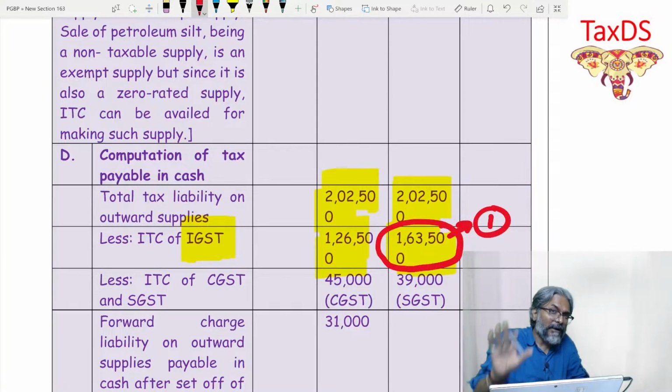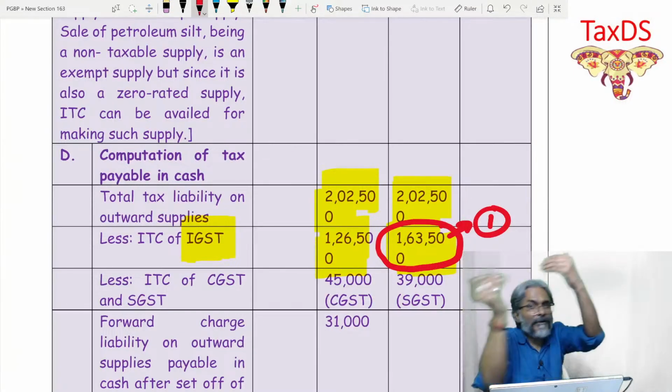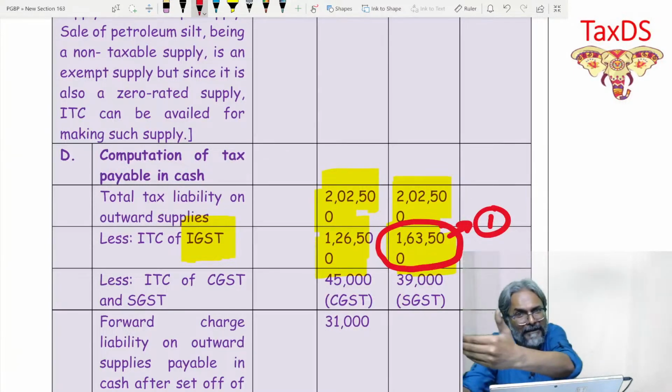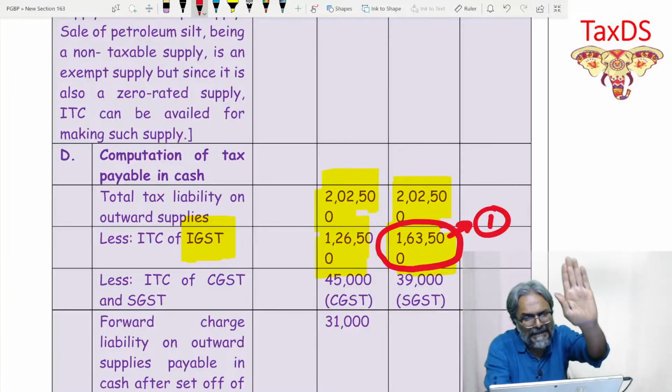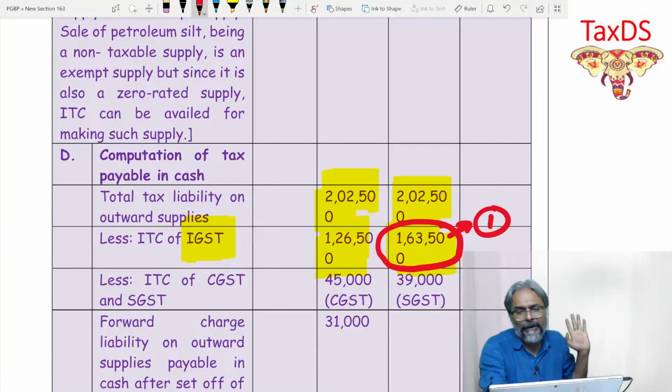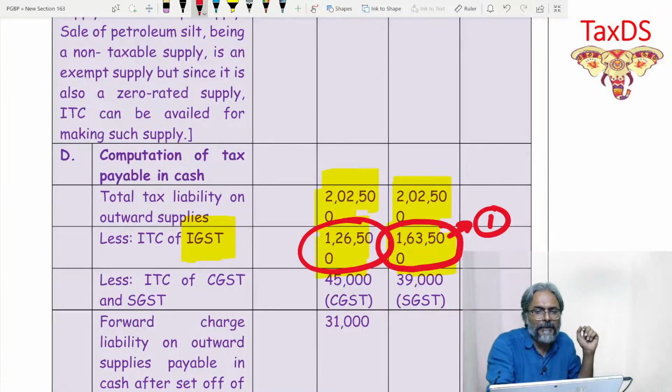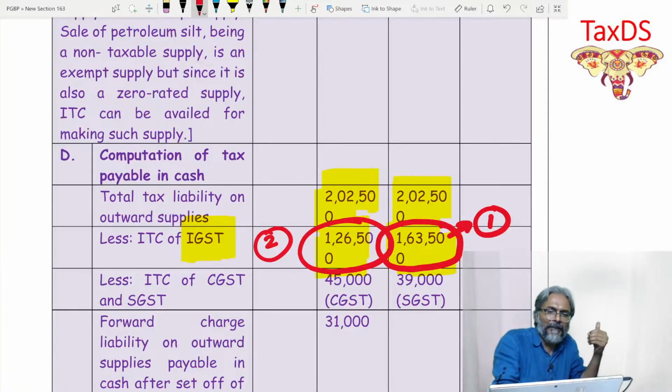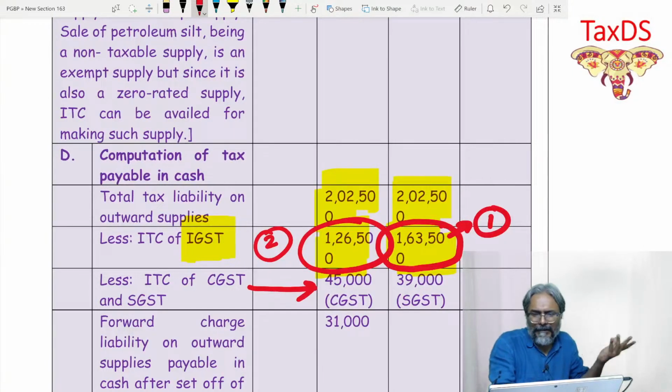Because there is a deposit already there, I will not try to remove it from that and put it in another head. I will retain it as it is, and I'll use my IGST credit first towards the SGST liability, and then second towards the CGST, and now on the balance part, students, I will use my ITC on CGST. That is what we will do in this context.